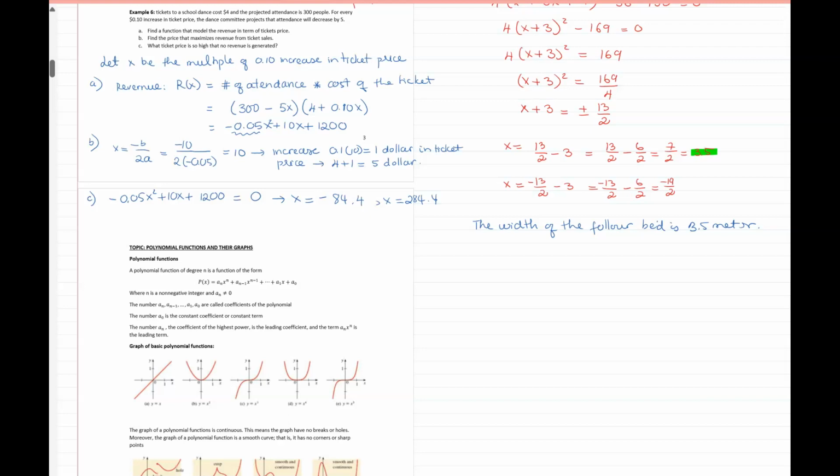Since x is the number of 10-cent increases, x cannot be negative in this case. So if we increase the price by $28.44, then there won't be any attendance. This means we make no revenue.